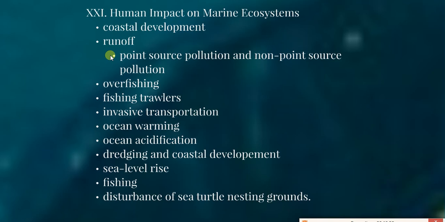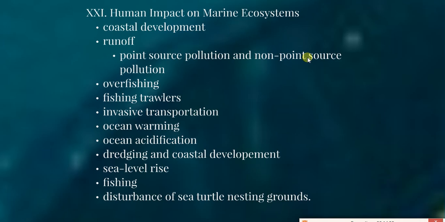Runoff from just cities, this non-point source pollution, is an example of all the runoff that ends up on the road. So grease from cars, sediment that's blown into or washed down the stream, people washing their cars and that stuff going down to drains that end up in the streams in the ocean, any garbage that spills in, any kind of sources that are coming from multiple factories that end up in the same place.